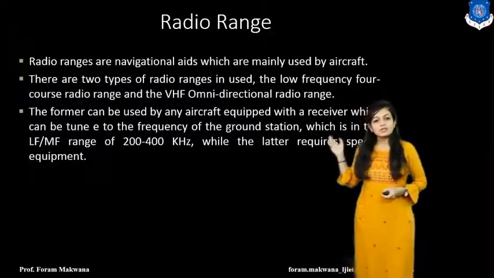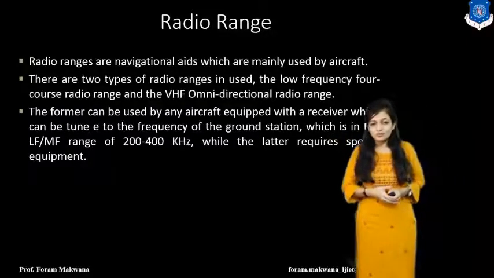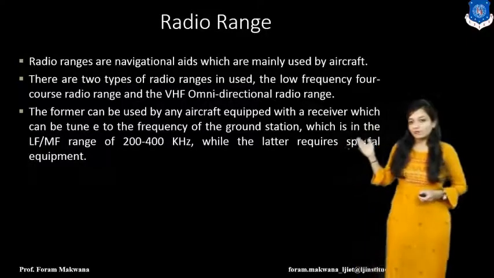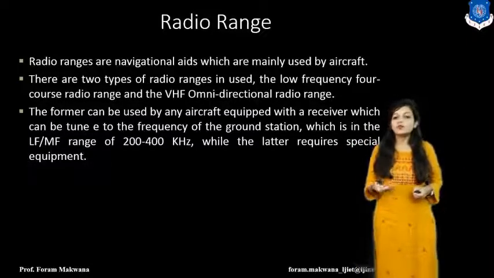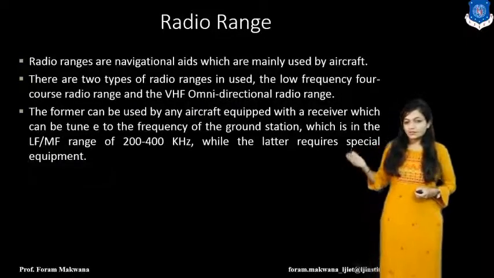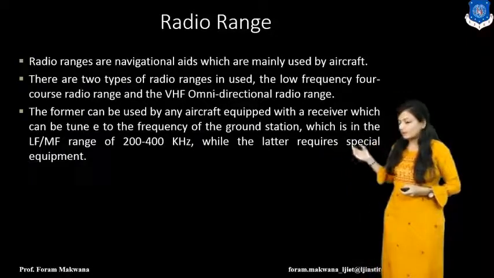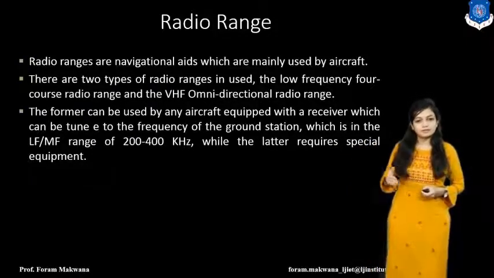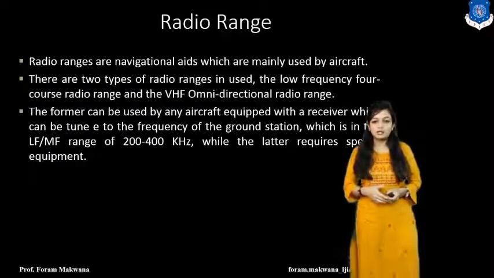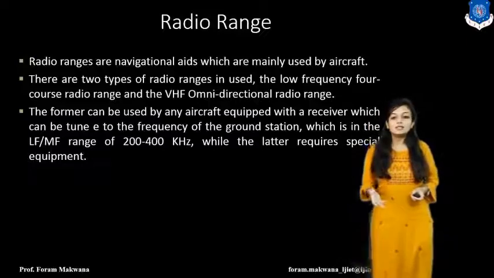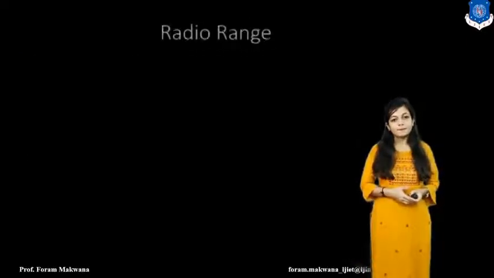The low frequency 4-course radio range is used by aircraft equipped with a receiver which can be tuned to the frequency of the ground station, which is in the range of 200 to 400 kilohertz. But the VHF unidirectional range requires special equipment, which we will see in the VOR receiving equipment.